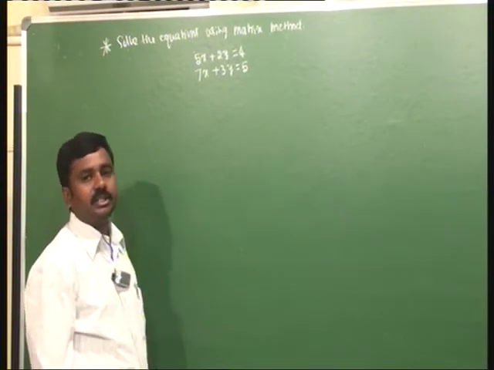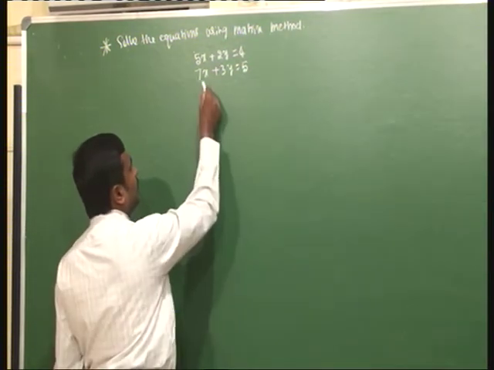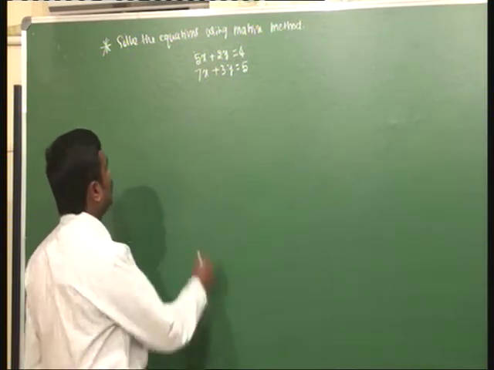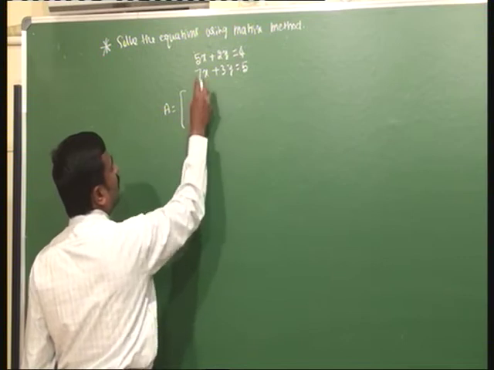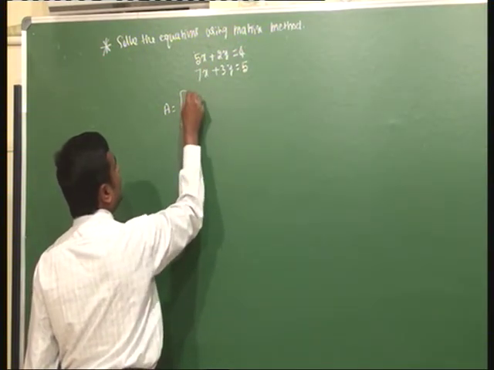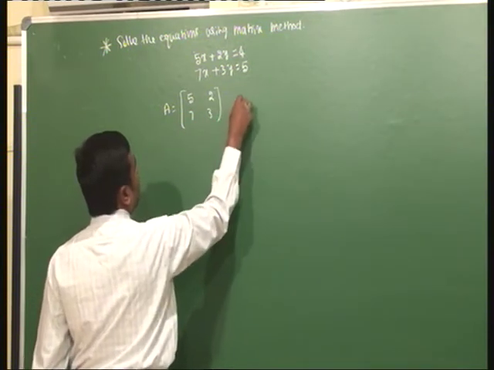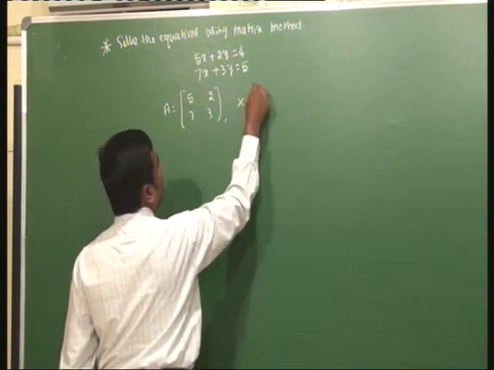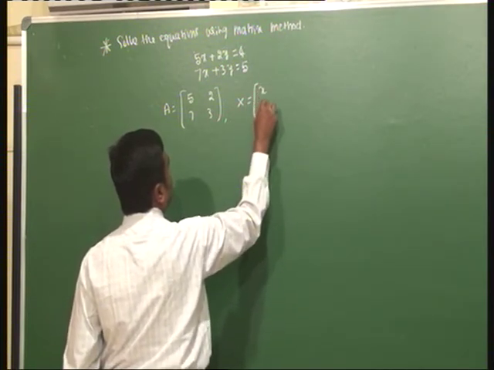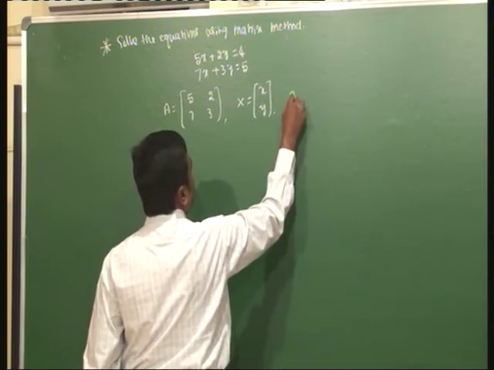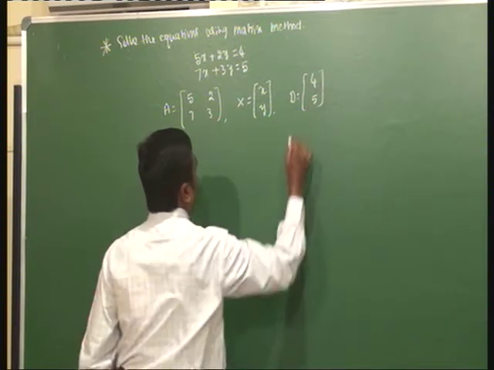Solve the equations using the matrix method: 5x plus 2y is equal to 4, 7x plus 3y is equal to 5. Now, consider matrix A is equal to the coefficients of x and y, that is 5, 2, 7, 3. Matrix X is equal to the unknown quantities x and y, and matrix D is equal to the constants 4 and 5.